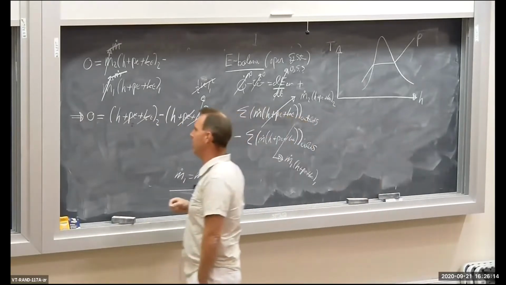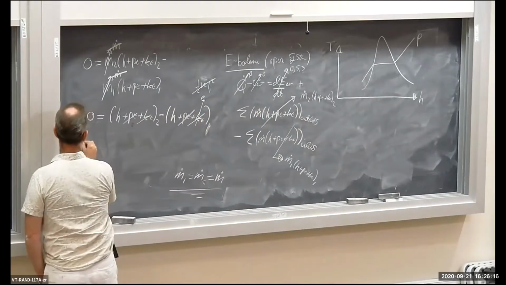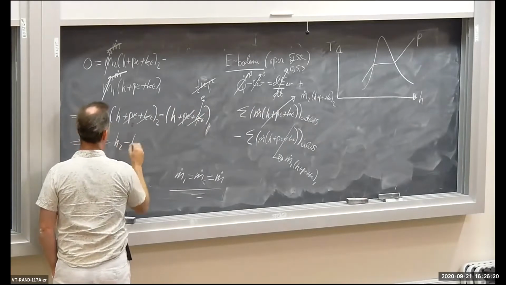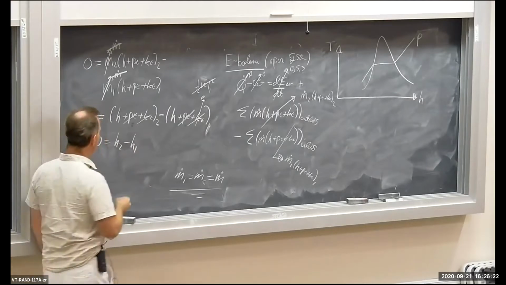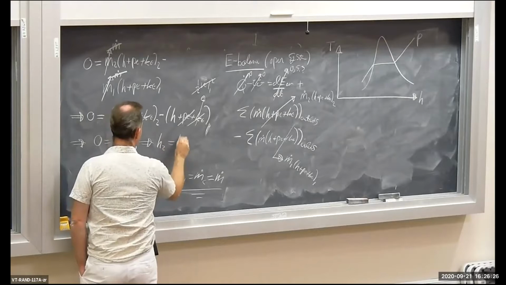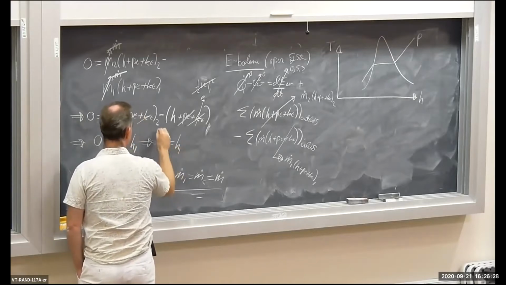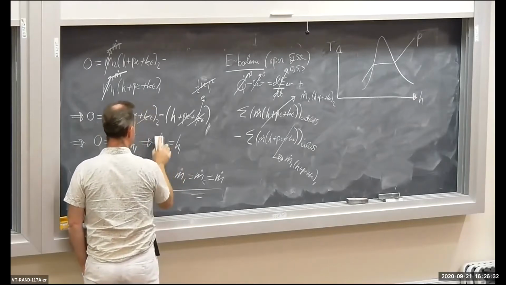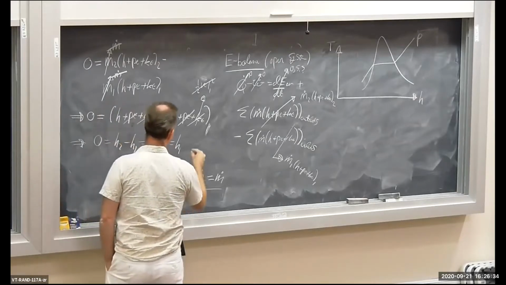So what have I got left? 0 equals H2 minus H1. Or if you like, H out is equal to H in.